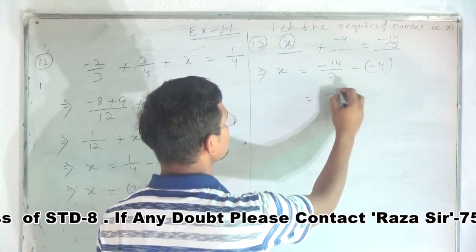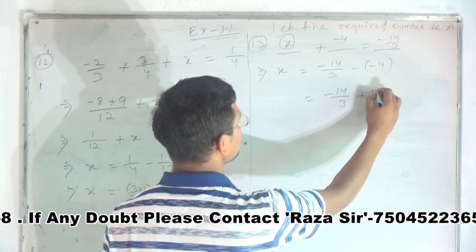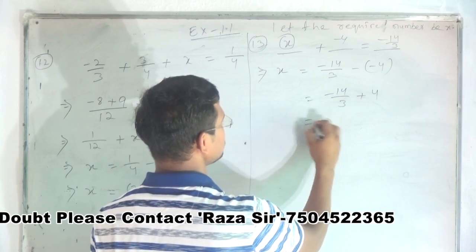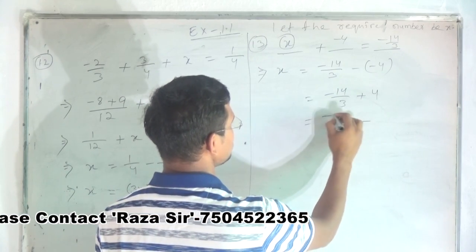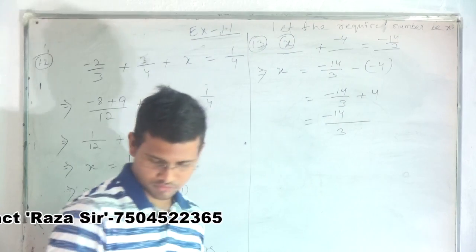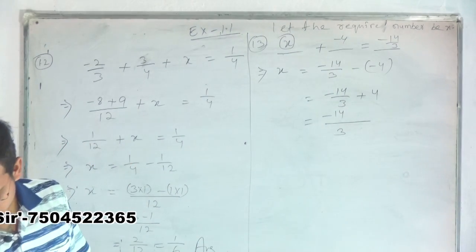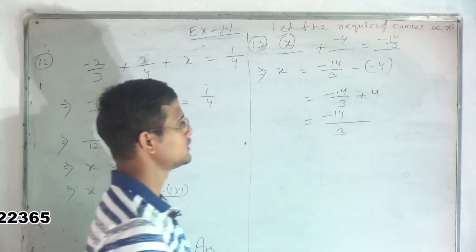Then minus 14/3 minus plus 4, this is 3, and 4 is also 4 by 1.